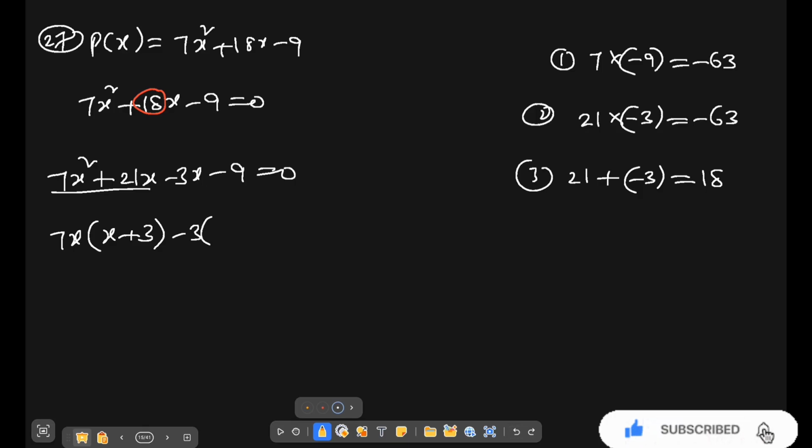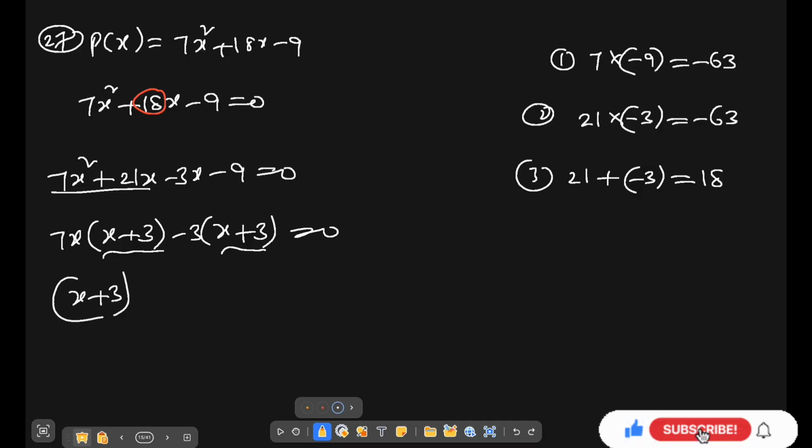If we take minus 3 common, here we will have x, and here we will have plus 3, equal to 0. Again we can take x plus 3 common here. So if you take x plus 3 common, we will have 7x minus 3 equal to 0.